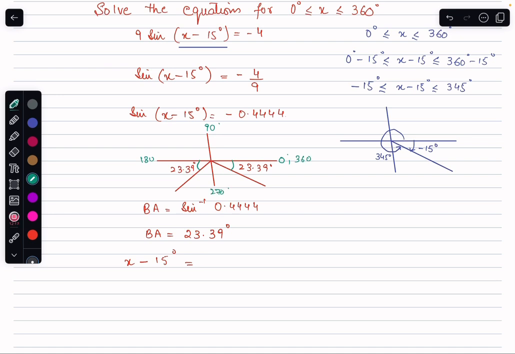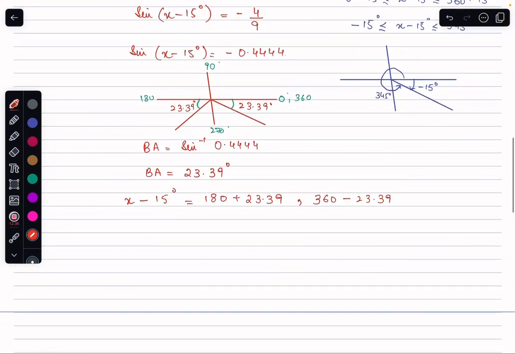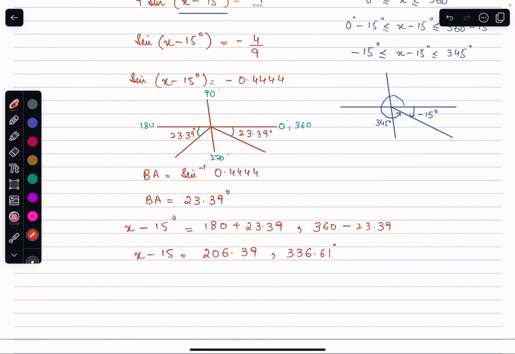What I know is in the third quadrant, I should be having my angle value as 180 plus 23.39, and in the fourth quadrant it's 360 minus 23.39. So x minus 15 here comes out to be 180 plus 23.39, which is 206.39, and 360 minus 23.39 is 336.61 degrees.